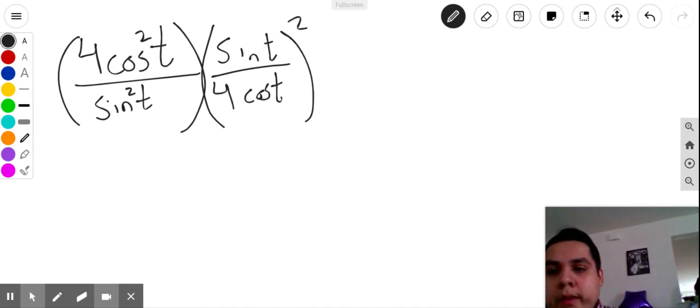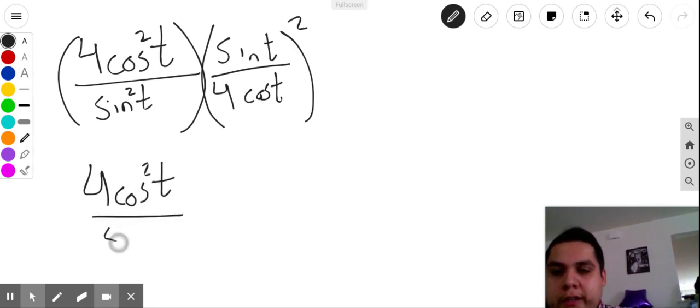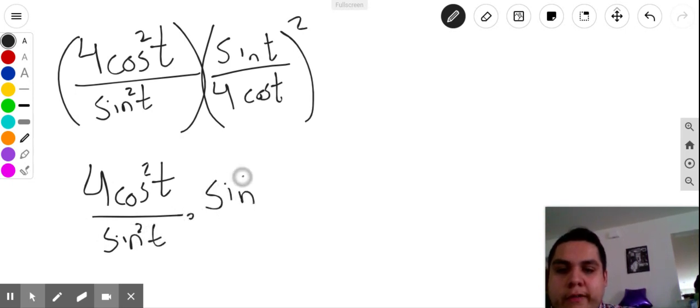So I essentially have 4 cosine squared of t over sine squared of t times a sine squared of t over a 16 cosine squared of t.